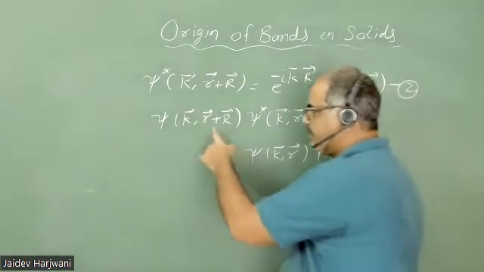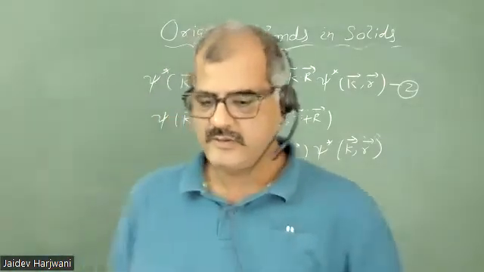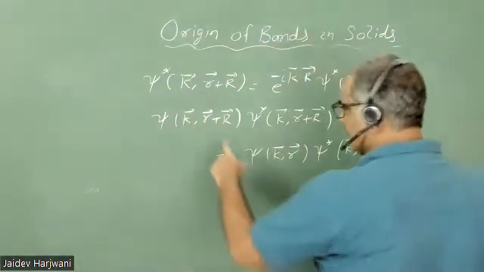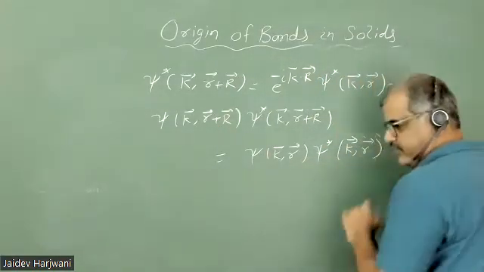This is the probability, since psi star psi is the probability. So the probability of finding the particle at r + R is the same as the probability of finding the particle at position r.